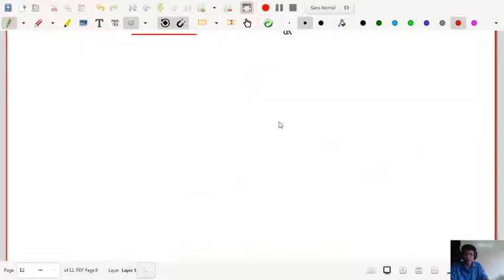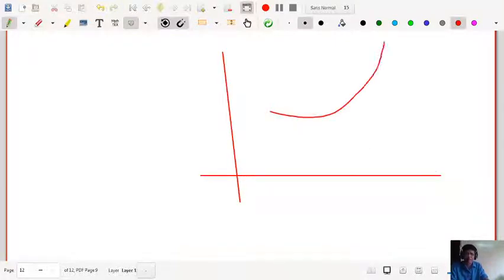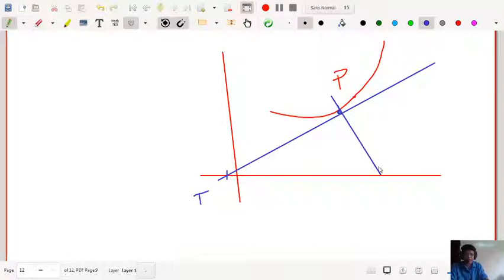Let me again summarize this concept. Let us draw a graph, and this is the point P. If you draw the tangent at that point, PT is called the length of the tangent, and the perpendicular to the tangent, that is PG, is the normal, and PG is the length of the normal.